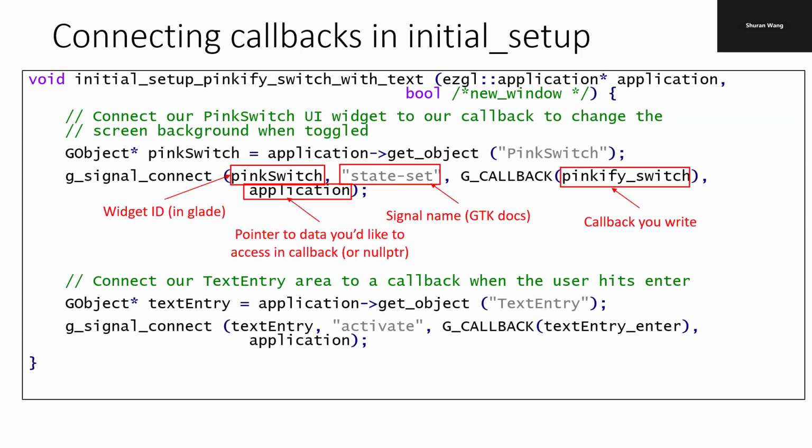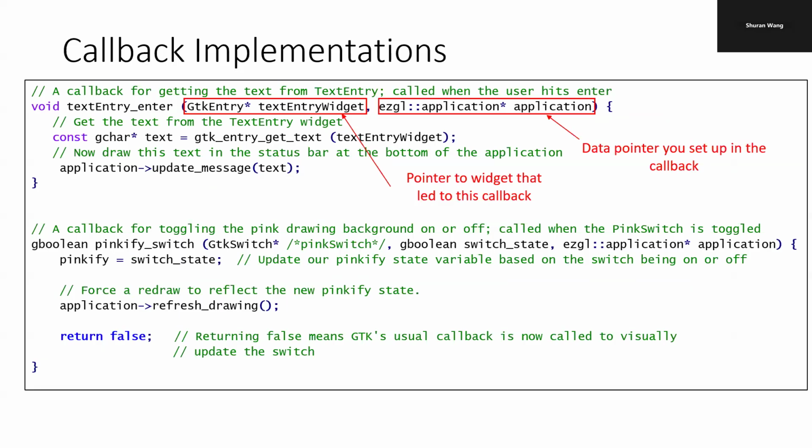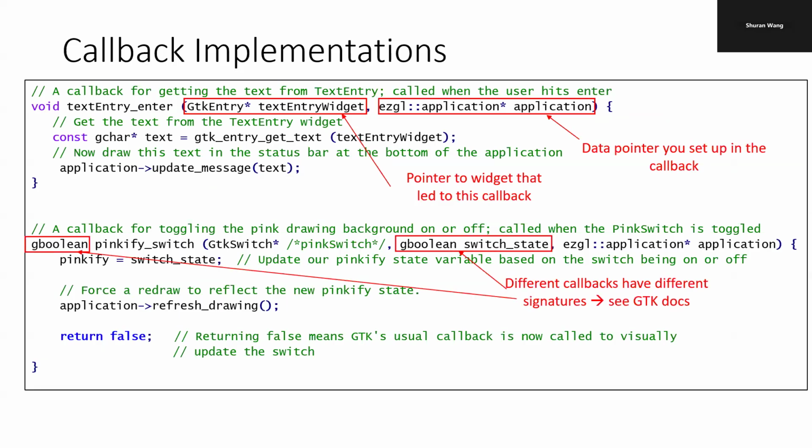Lastly is the application. For the callback implementation, the text entry callback takes in first the pointer to the widget that led to this callback, then the data pointer you set up in the callback. For different return values and parameters for different callbacks, see the GTK docs.